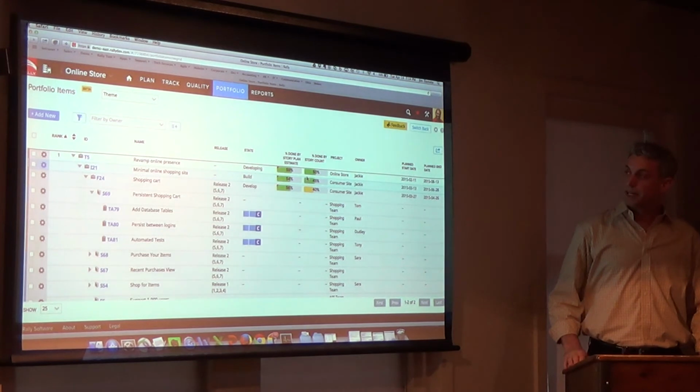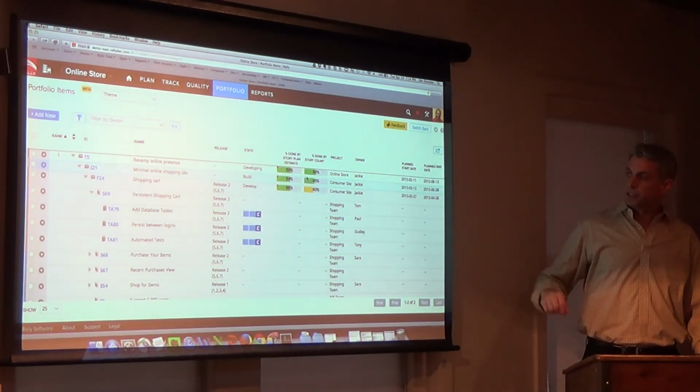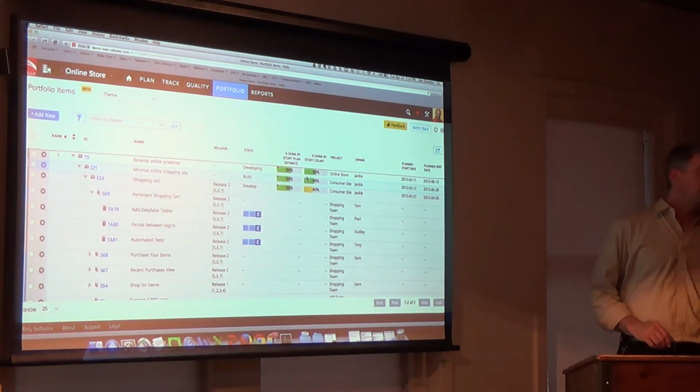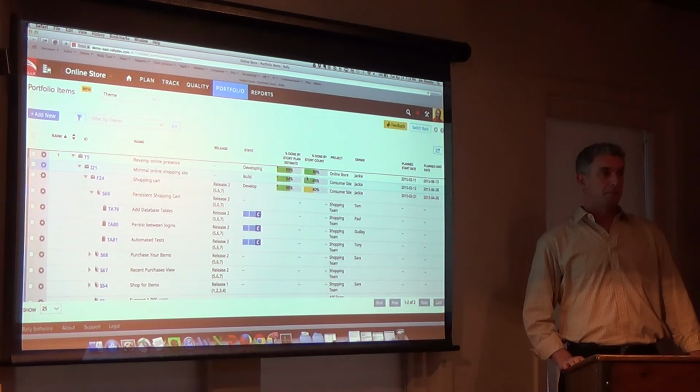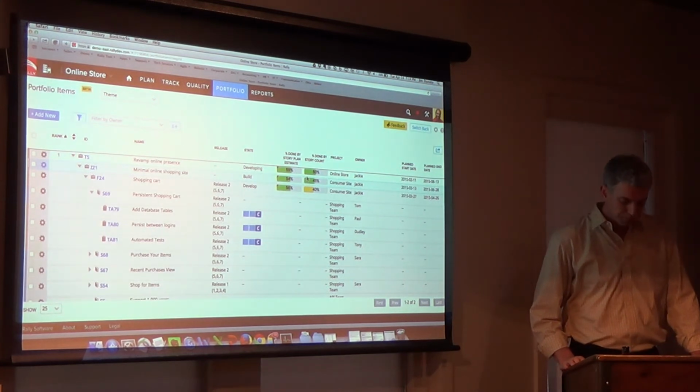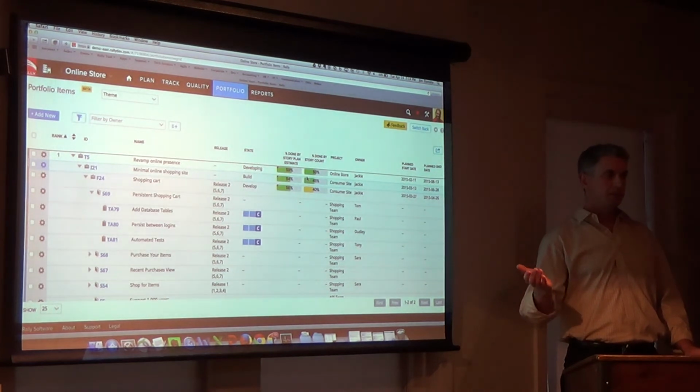Because we have planned start dates and planned end dates, and because we can tell how much of the work has actually been done, we can calculate that in real time. Makes executives pretty happy. All right, so that's one lever dealing with scope.